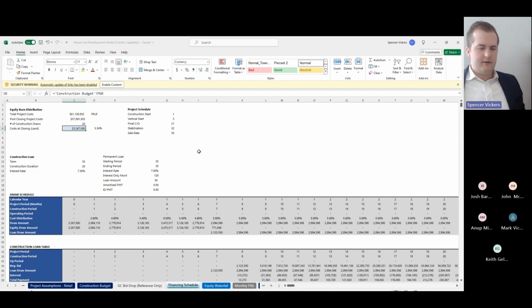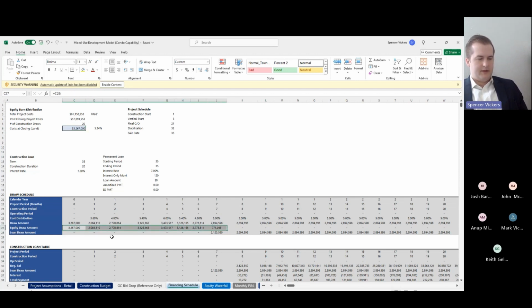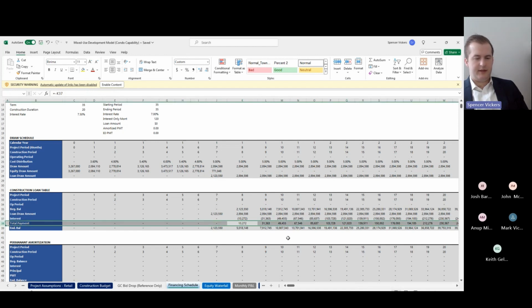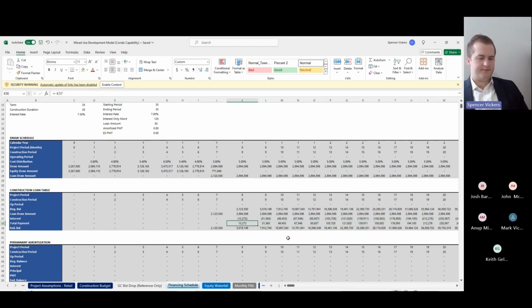Again, the equity is being spent first, and then the loan is being funded after all of the equity has been spent. Once the loan starts drawing, you get loan draws, which adds to your loan balance, which increases your interest liability, and then you're making interest payments through the course of construction, and this payment is being capitalized at closing in the closing budget.